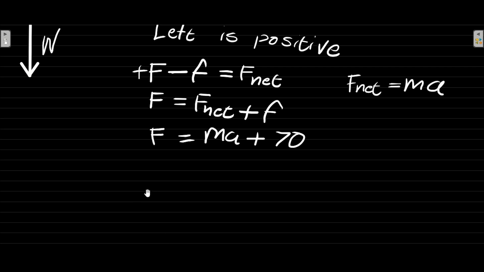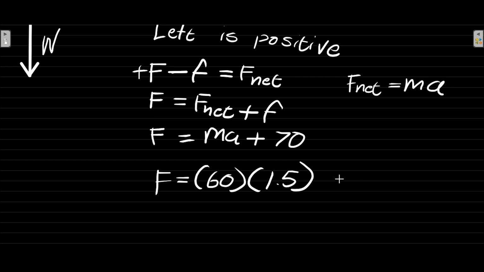Let's keep going with this. Therefore, that means F is equal to mass, which is 60 kgs, multiplied by 1.5, which was acceleration, plus 70. 60 times 1.5 is 90.